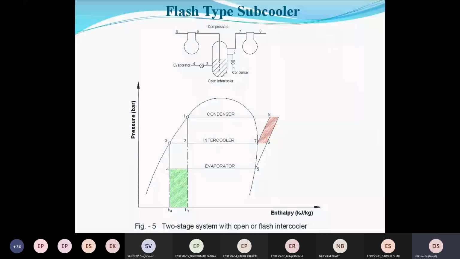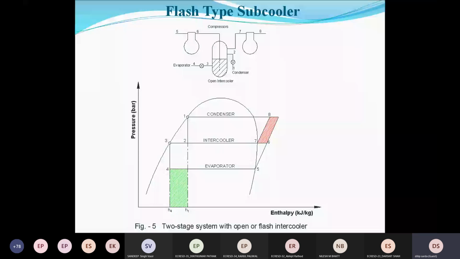If you see on the pH diagram, this is the thing. This condenser liquid refrigerant has been expanded up to this point in the intercooler, and then we take the liquid refrigerant to the evaporator, and use it for the refrigeration system.